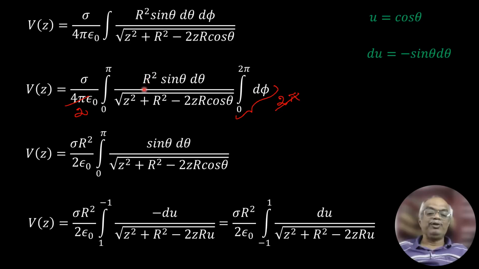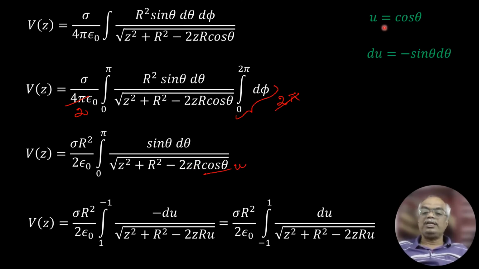Now R squared is a constant, so I am taking it out. So we get sigma R squared divided by 2 epsilon naught, integral 0 to pi, sine theta d theta divided by this square root term. Now I am going to take cos theta as u.